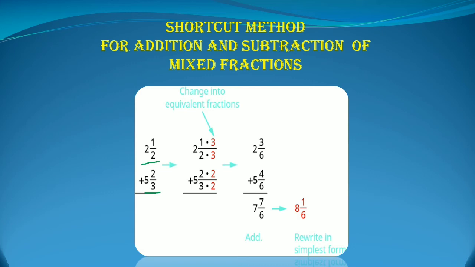So convert these fractions into like fractions. Okay, then add the whole part to whole part. It means 2 plus 5 will be 7 and add the fractions, 3 by 6 and 4 by 6 will be 7 by 6. Okay, it will become 8 and 1 by 6.